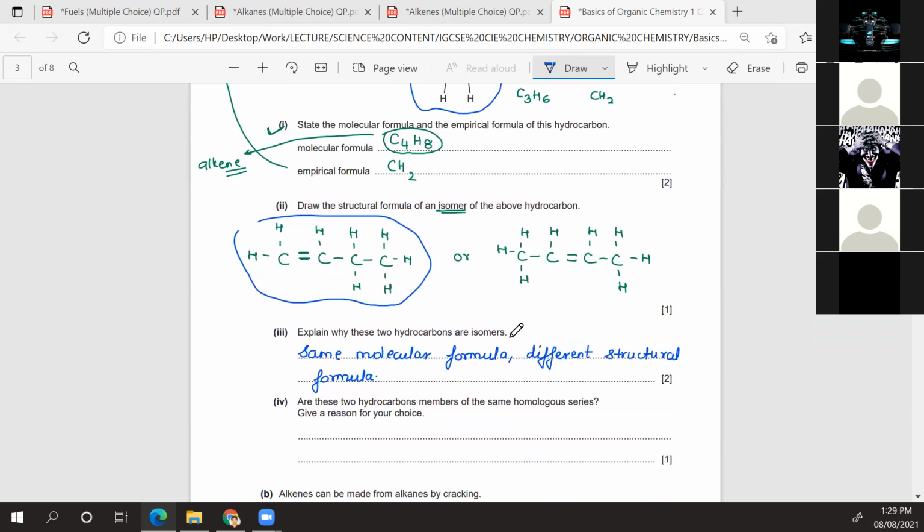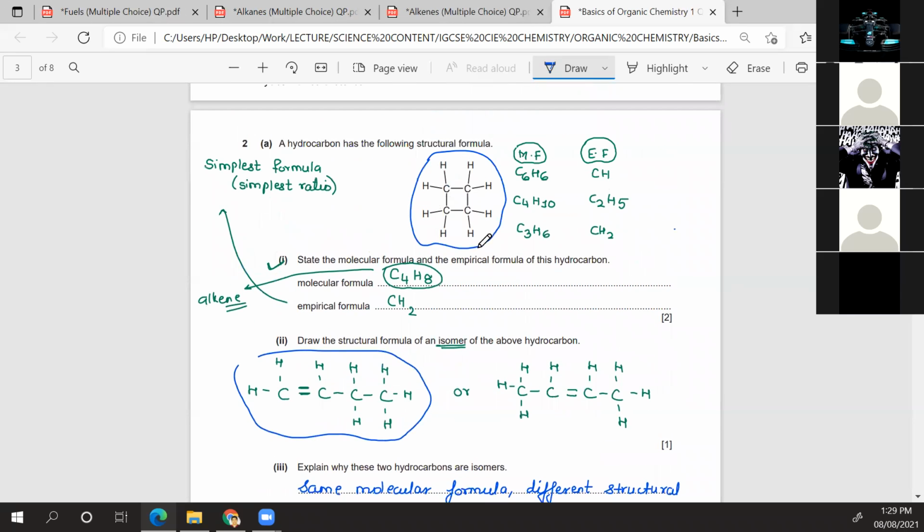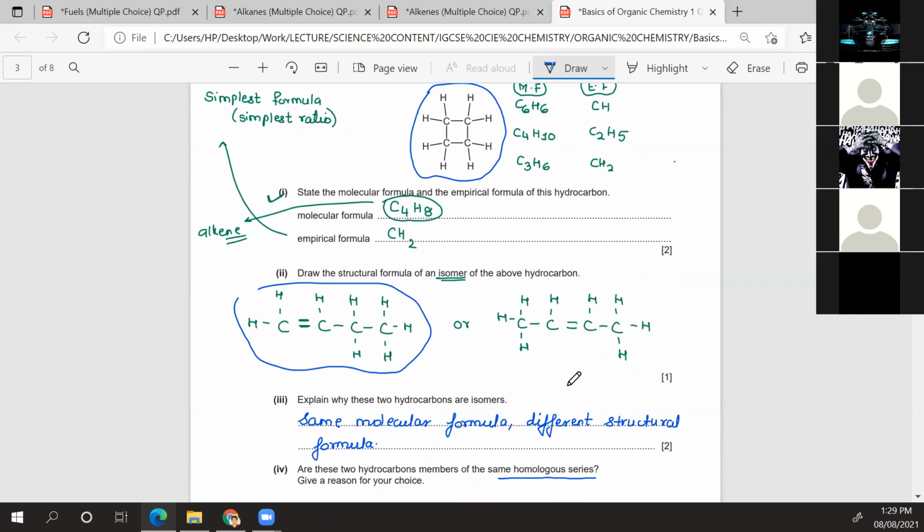Next, are these two hydrocarbons members of the same homologous series? The one which I have drawn in green and the one which they have already given. Are they belonging to the same homologous series? Are they both from the same category? Category means, are they both alkanes? No. Why are they not from the same homologous series? Because can I say that one has a double bond and one has a single bond, means one belongs to alkane and one belongs to alkene?